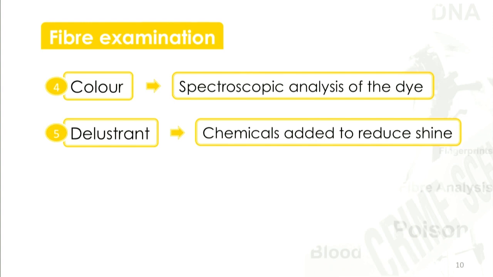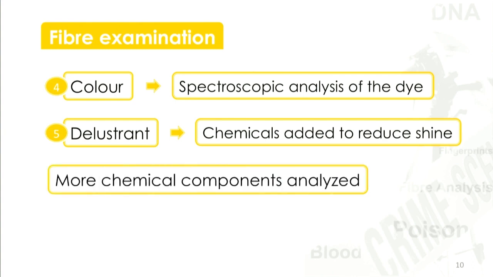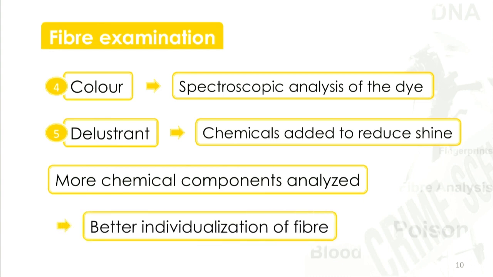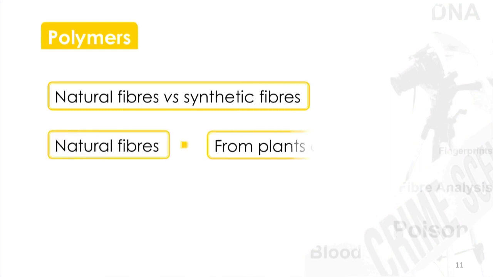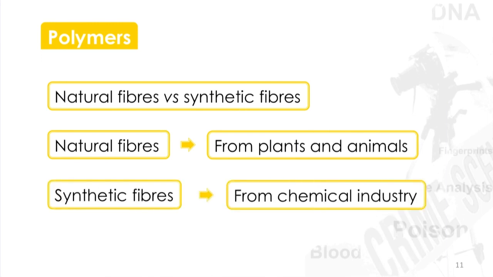And the more different chemical components of the fiber that we can analyze, then the better we can get towards individualization of that fiber. Obviously, there's going to be a difference between natural fibers and synthetic fibers. Natural fibers coming from plants and animals, synthetic fibers coming from the chemical industry.